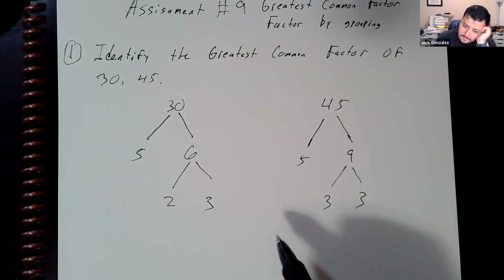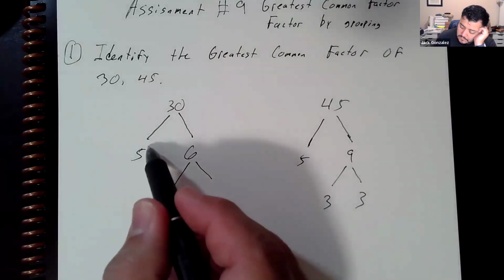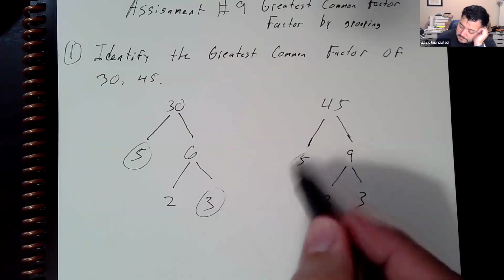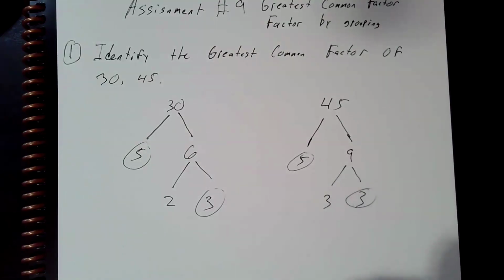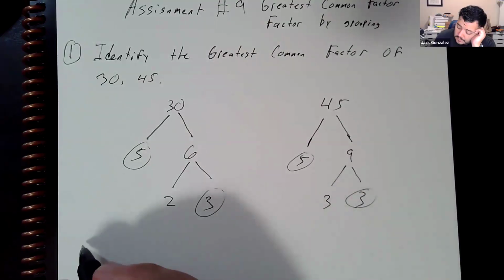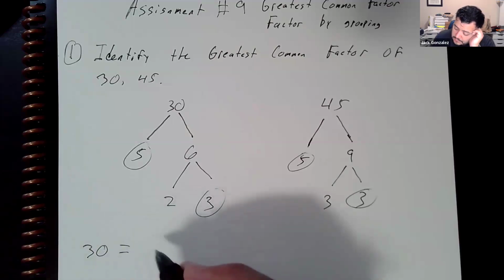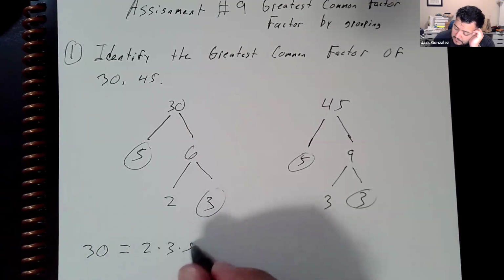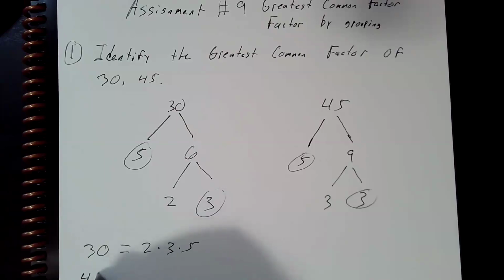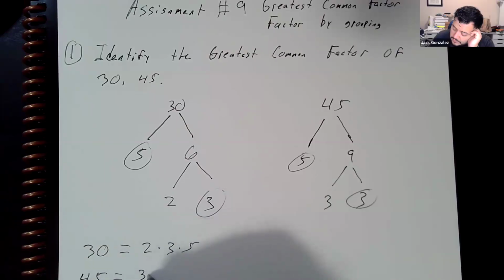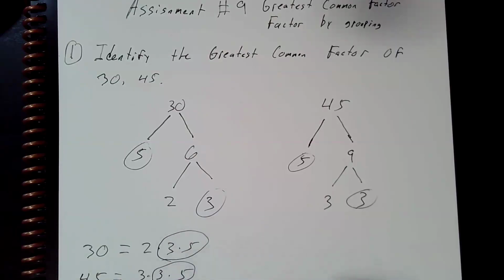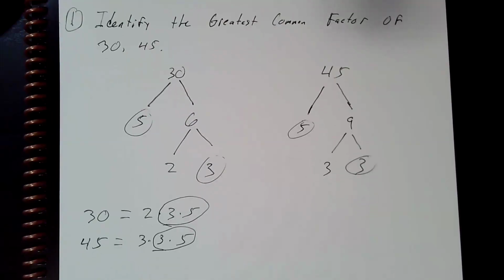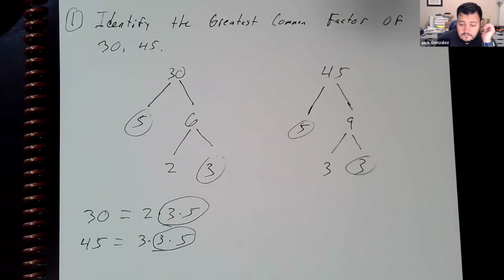What prime numbers? 5 and 3. So 30 is equal to 2 times 3 times 5. 45 is equal to 3 times 3 times 5. So they have these two in common, right?